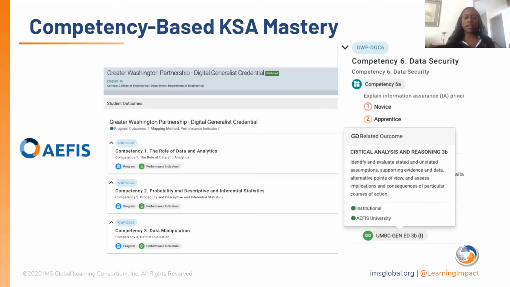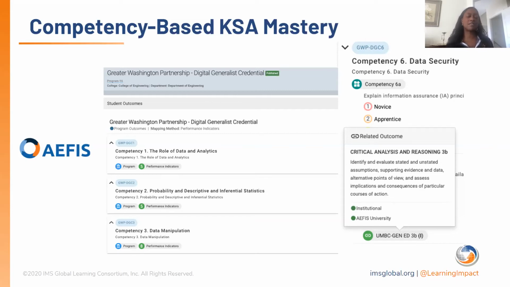We all know that lots of different institutions have different learning frameworks that are used. So we've defined the learning framework around the Greater Washington Partnership. These are our general education learning outcomes. So our courses and our programs are mapped to these. And then you have accreditation learning frameworks, right? Like ABET. And so part of the work that has to be done is to do this curriculum mapping so you can see where these competency, skills, and abilities are met and demonstrated, and where the evidence can be found within those courses.